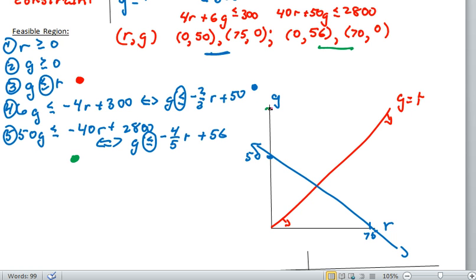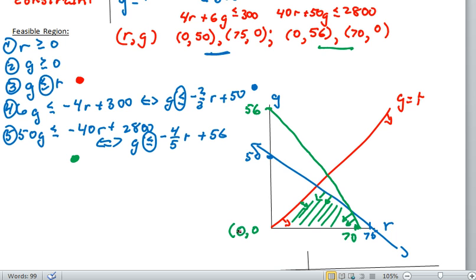So we want 56 on the G-axis and 70 on the R-axis. So as I draw it, I'm coming down there. So the area that is below the red line and the blue line and the green line is this area here. This is the area we're looking for.